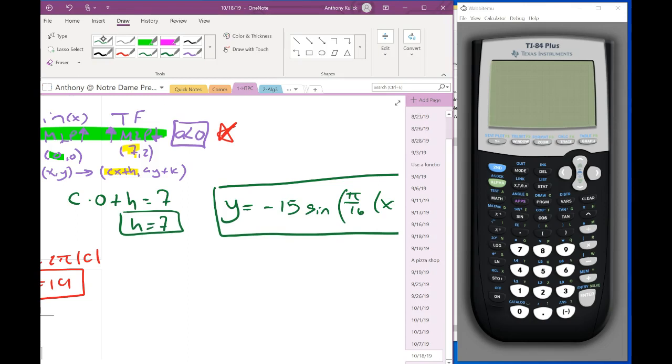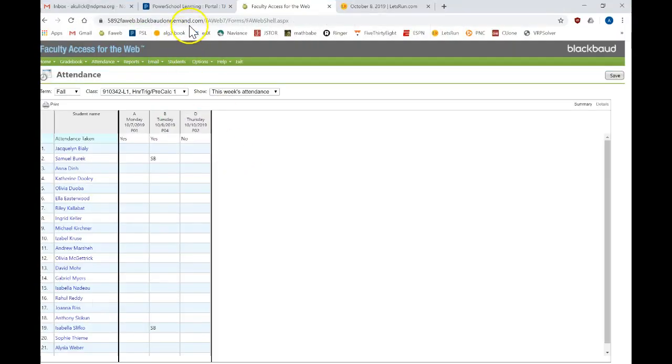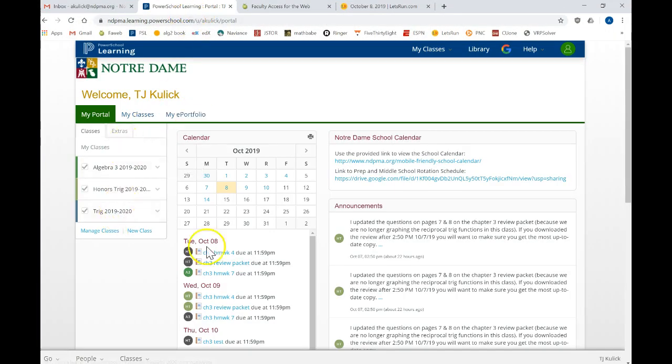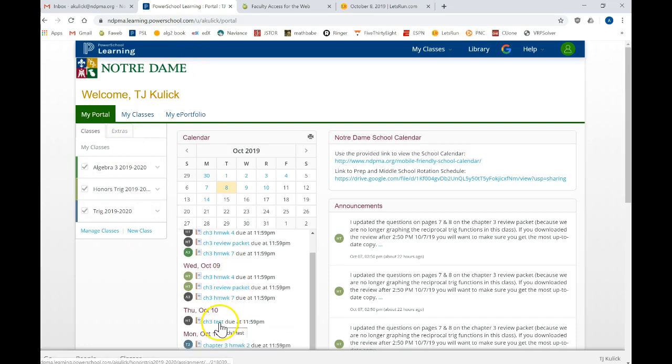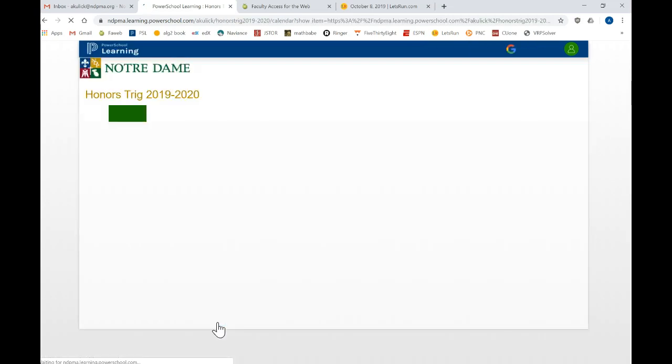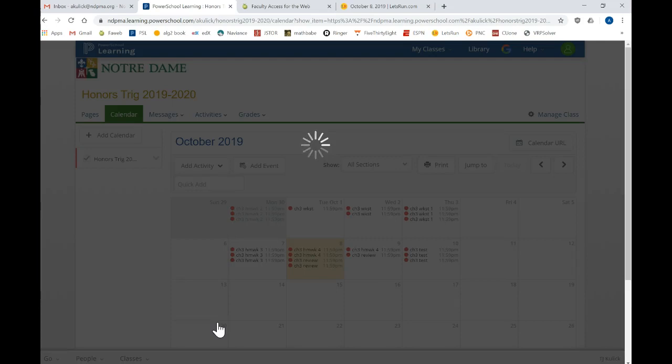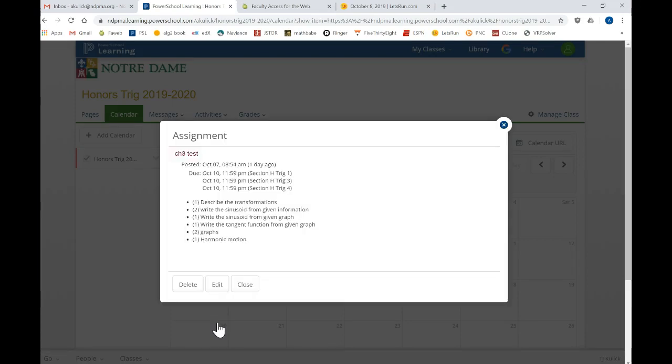One harmonic motion question, right? So, again, if we looked at the test assignment on our PowerSchool page, I posted a list of topics that we're going to be tested on. The number in front tells you the number of those kinds of questions. Like one question where I just ask you to describe the transformation.